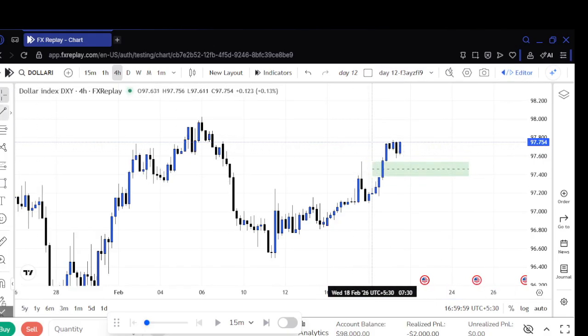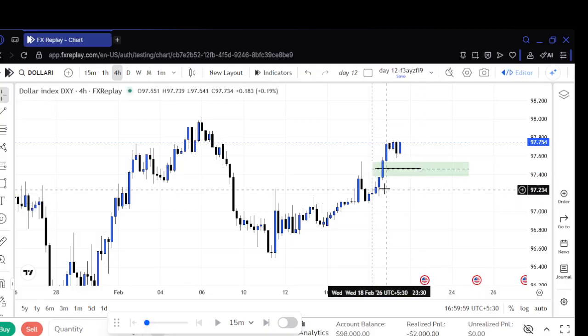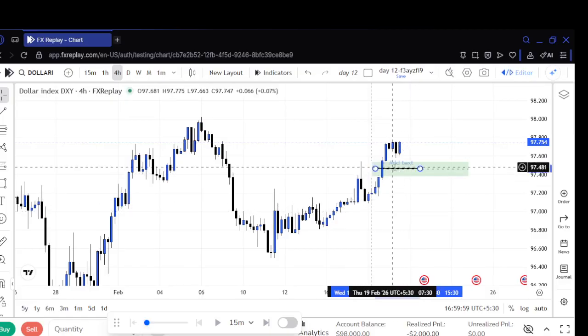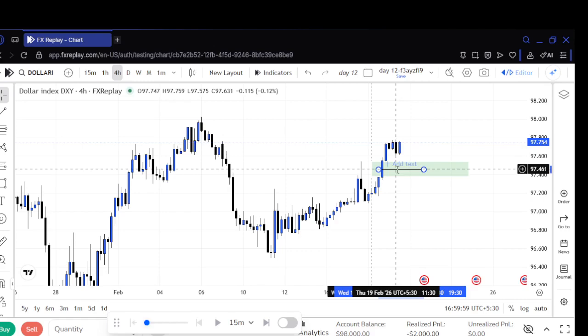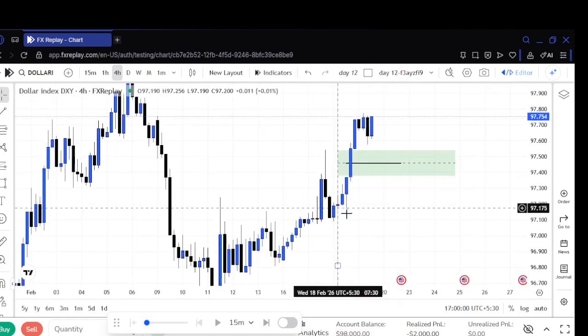I think this will be a draw on liquidity here. FVG is valid.